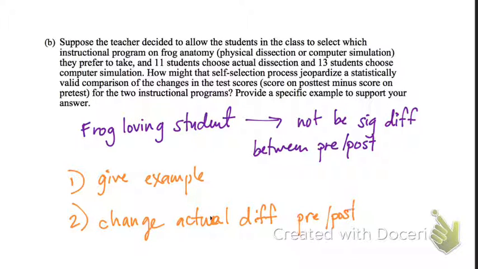Like how that would affect the difference between your pre and your post scores if you self-selected. So you're not getting an accurate result because people are self-selecting. It's kind of like a judgmental sample, convenient sample. They're based on their preference.